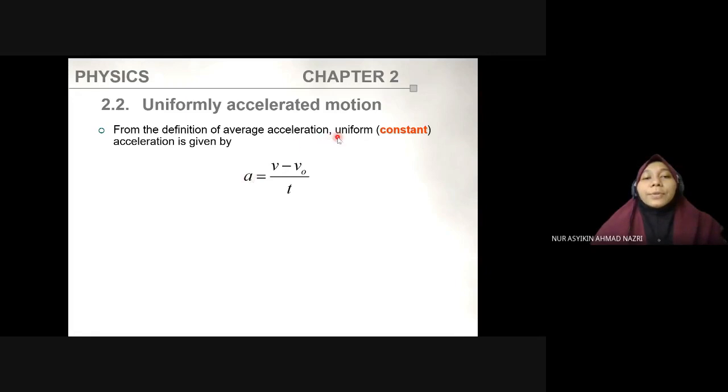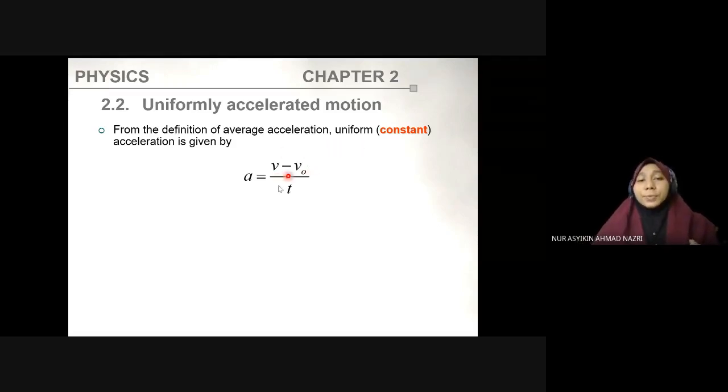For the case where the acceleration is constant along the journey, along the motion, we call it uniform acceleration.